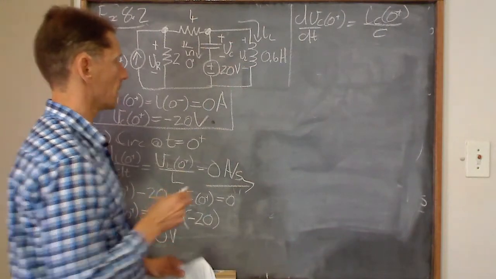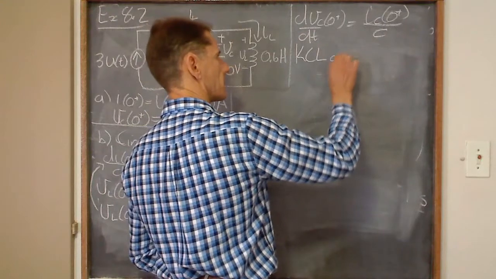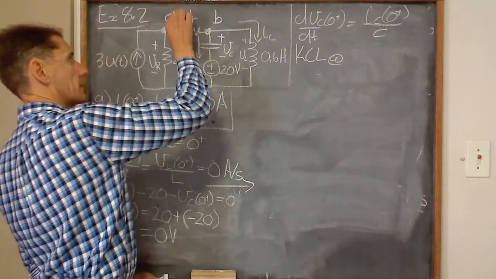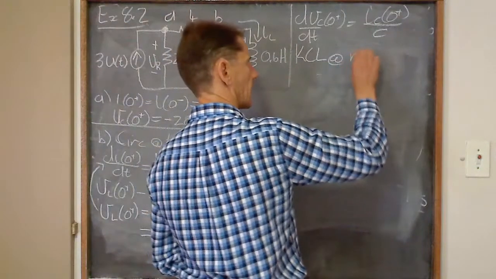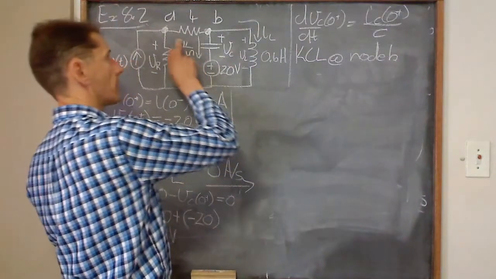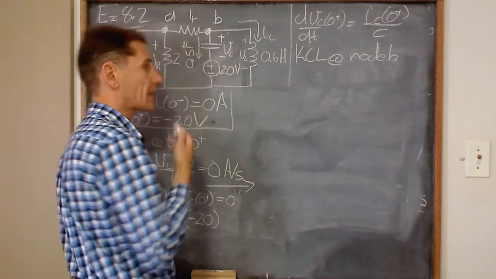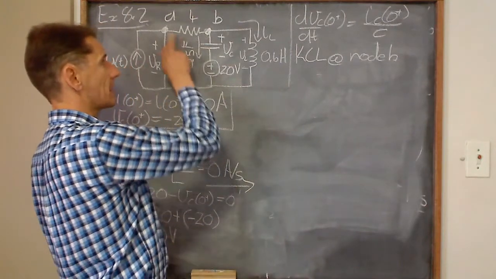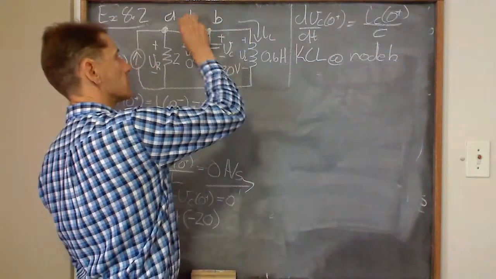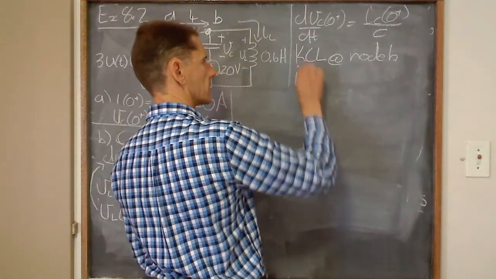I call this node B, and I'm going to make that node A. So KCL at node B will give me the following. All the currents coming in must equal all the currents going out. So what are the currents coming in? It's the current through this 4 ohms. So I'm just going to draw a current in that direction. Let's make it I4.